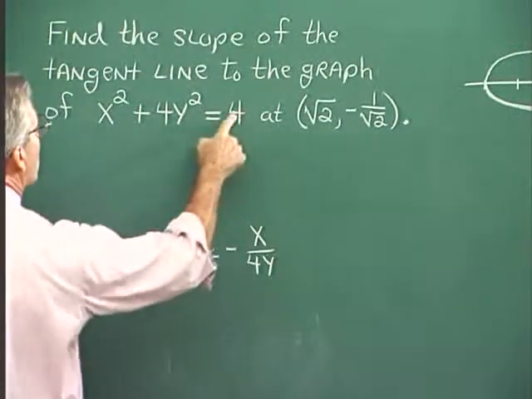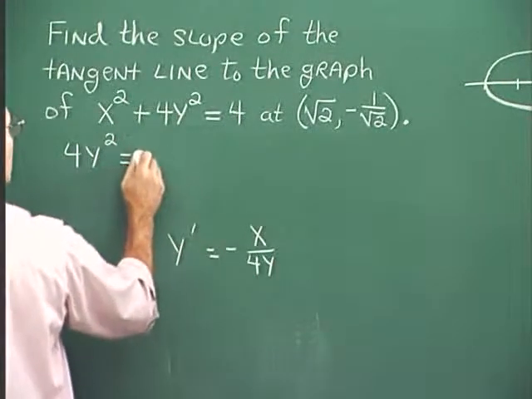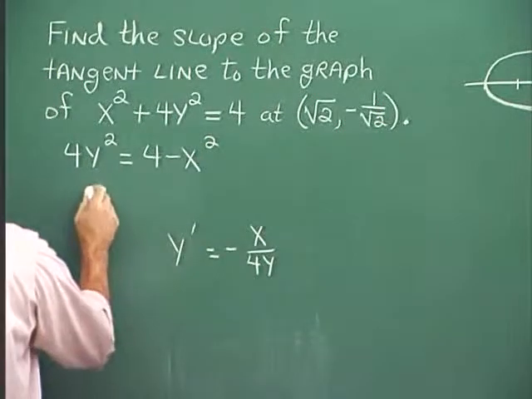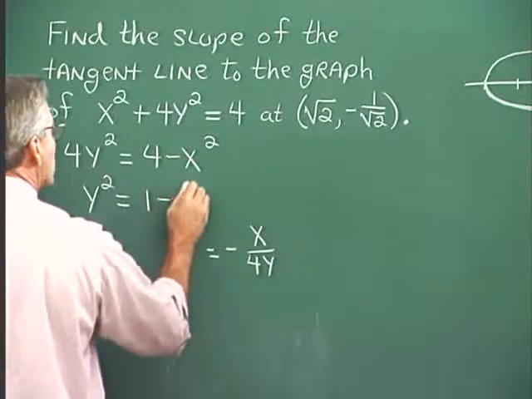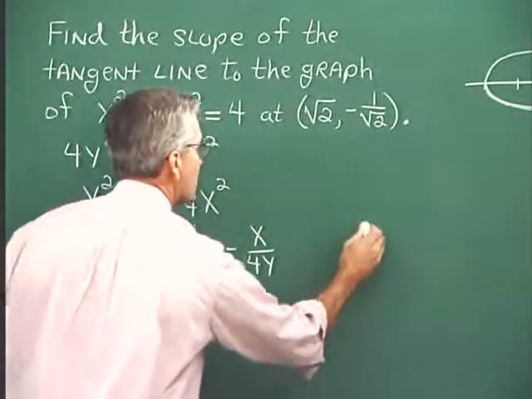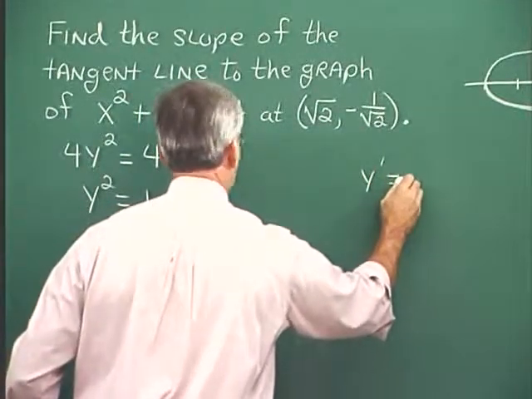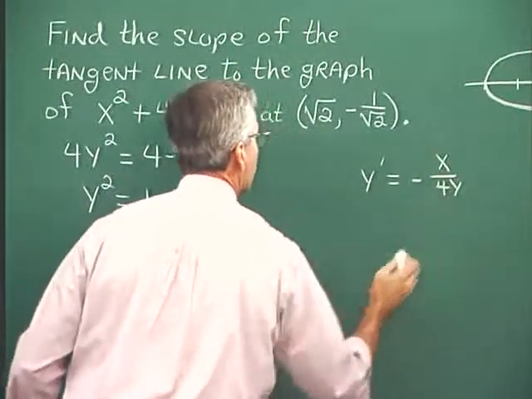I want to solve for y, so I've got 4y squared equals 4 minus x squared. Then I'll divide through by 4. I've got y squared then is 1 minus 1/4 x squared, and I am in a little trouble here. Let me just make a note of it out here, that y prime I found earlier to be negative x over 4y. Okay.